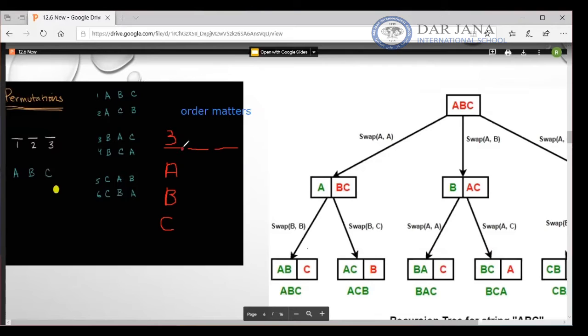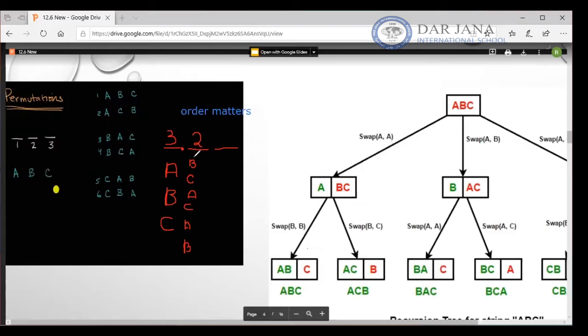Now for the second place, if you put A here or B or C, you only have 1 A. So for the second place, you will have 2 options. If you put A, you will be putting B or C. If you put B first, you will be putting A or C. And if you put C first, you will be putting A or B.